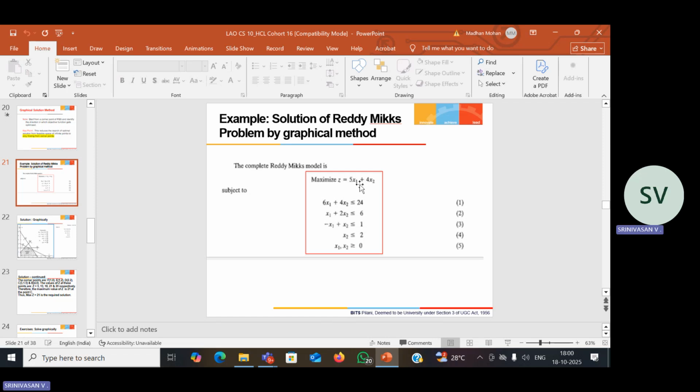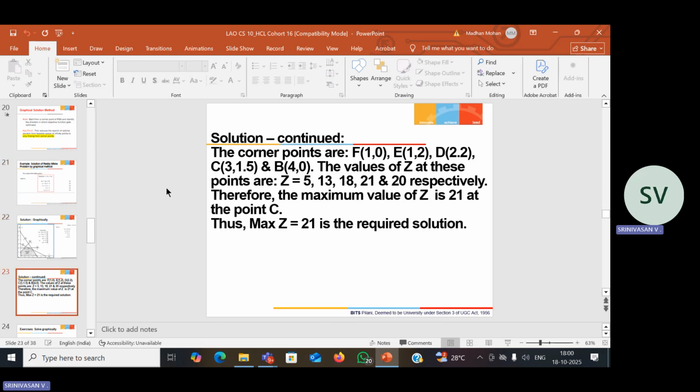Then at 1, 2, 5 plus 4 into 2 is 8, so 13. Then at 2, 2, 10 plus 8 is 18. So at every point you get the value. The value of Z at F is 5, at E is 13, at D is 18, and at C, 3, 1.5, it is 21.